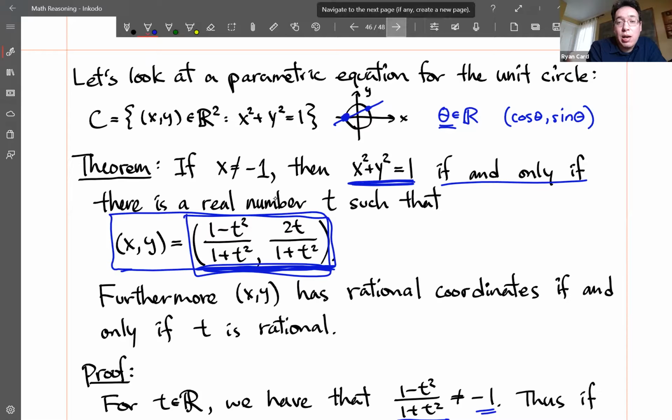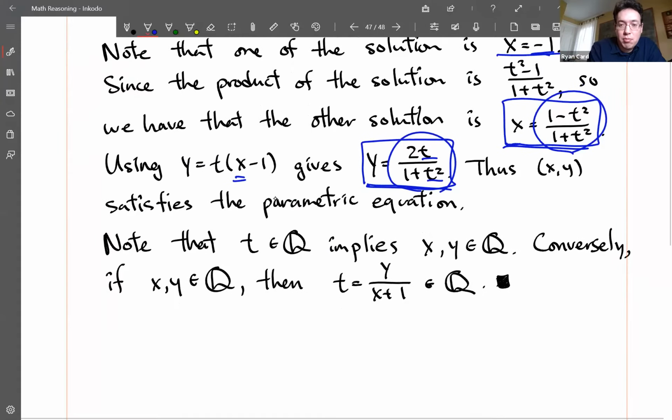If x and y are rational, then y divided by x plus 1 is the slope of that line. And again, rational numbers are closed under division and addition by 1, so it's a rational number.